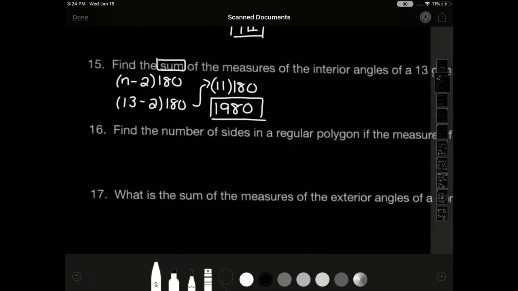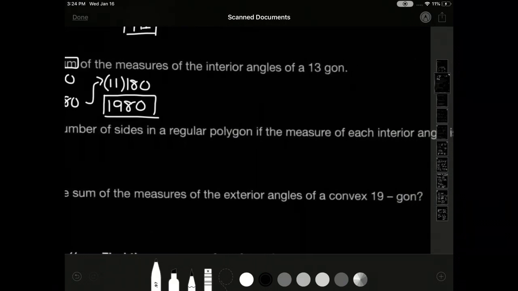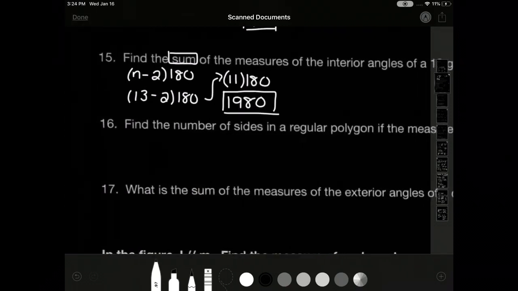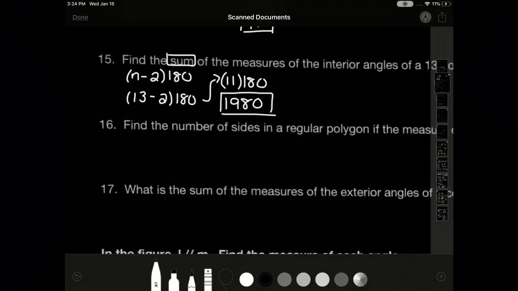For 16, you want to find the number of sides in a regular polygon if the measure of each interior angle is 150. Now, using the interior angle could be kind of complicated. So we know that the exterior angle and the interior angle form a straight line. So the first thing I would do is take 180 minus 150, and that equals 30.